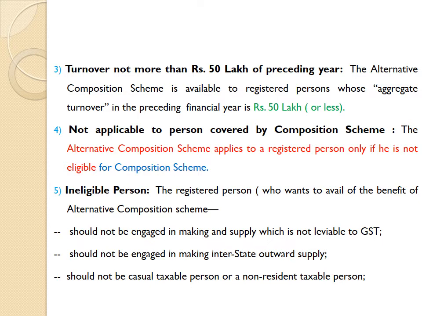Should not be engaged in making interstate outward supply. Should not be a casual taxable person or non-resident taxable person. These are the criteria for ineligibility for the alternative composition scheme.